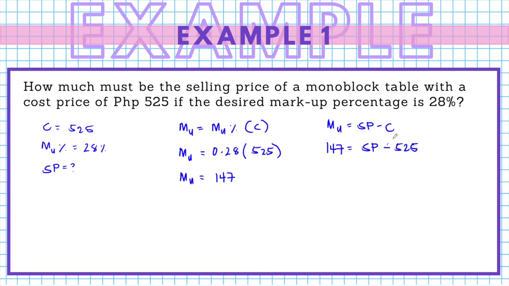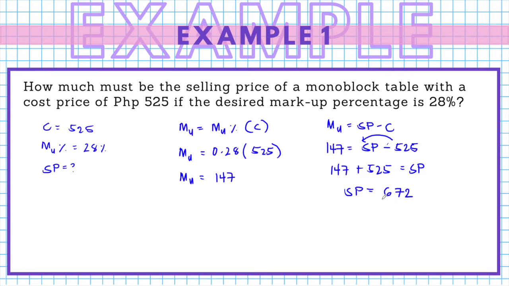Now, to solve for SP, we can transpose negative 525 to the other side of the equation. Therefore, we have 147 plus 525 equal to SP. Simplifying this equation, we have SP is equal to 672.